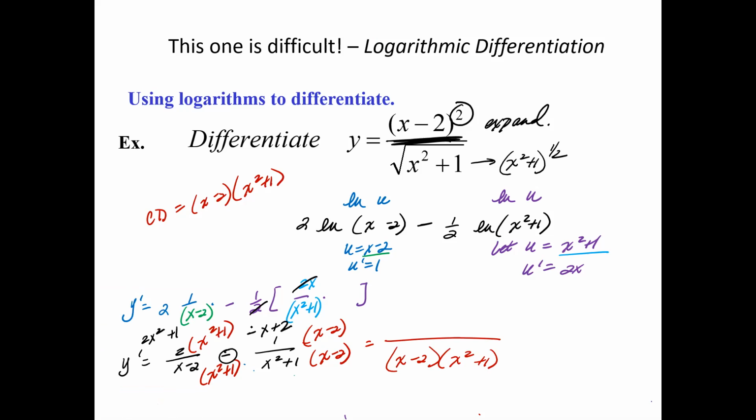Now combining these together, I have a 2x squared minus x, 1 plus 2 gives me a 3. So at this point, this is as far as you can go. So you can go ahead and leave it like this.